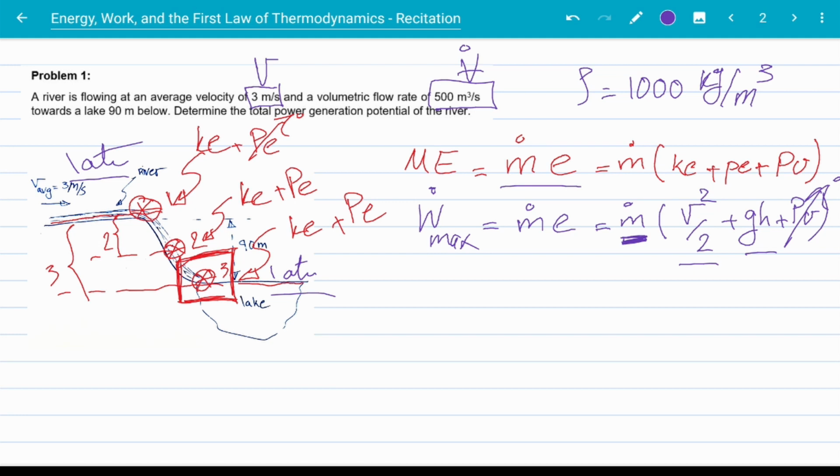Now with this information, we can readily find m dot. M dot is rho times volumetric flow rate, which is 1,000 times 500, which is 5 times 10 to the 5 kilograms per second. Okay, we have m dot.